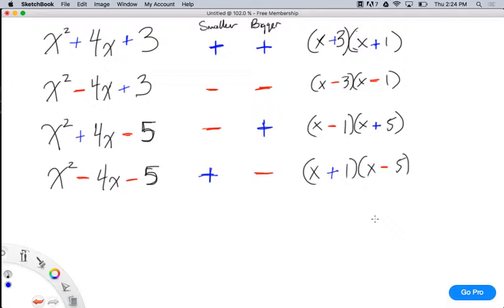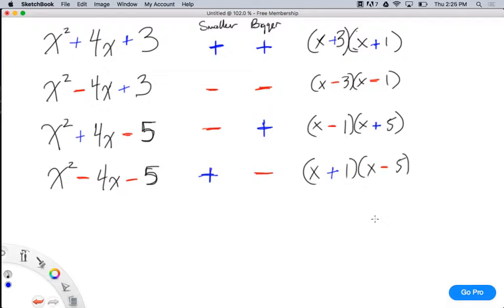If this sign is positive, then both factors follow this sign, right? If this sign is negative, then they're opposite signs. You see? The biggest factor always follows this sign, plus, minus, plus, minus. If this is positive, both sides are the same. If this is negative, both sides are opposite. Does that make sense? You understand?